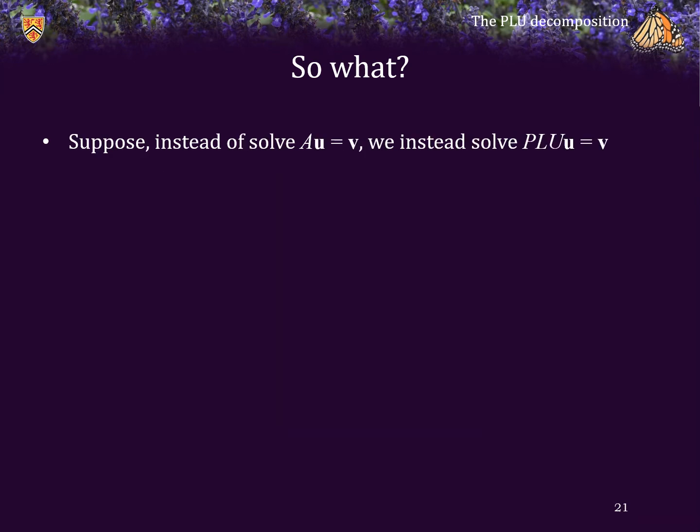All right, suppose instead of solving A times U is equal to the target vector V, we are now solving a product of three matrices times U is equal to the target vector V. The vector U is unknown. We assume that we know all three matrices P, L, and the upper triangular matrix U. Step 1.